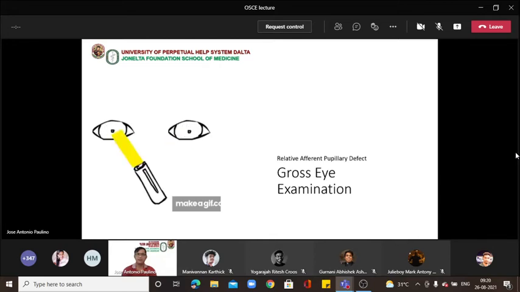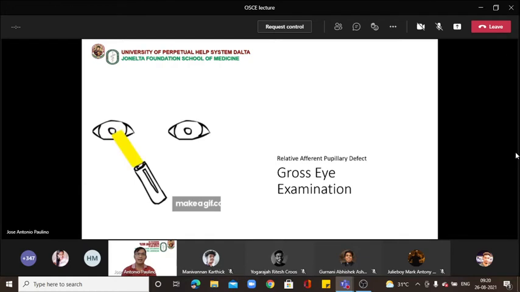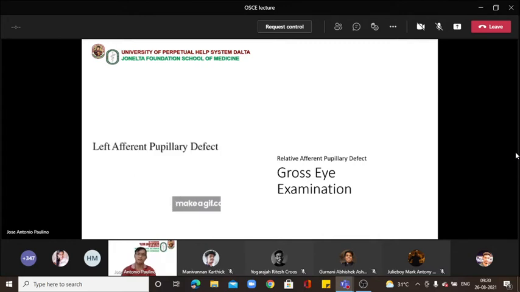So it tells us that there is an RAPD, or relative afferent pupillary defect, for the left eye. That is a pathologic problem because it means the problem is in the optic nerve. And even if the patient needs eyeglasses, giving them eyeglasses will not affect the vision because the optic nerve, or the afferent arm, is the problem.